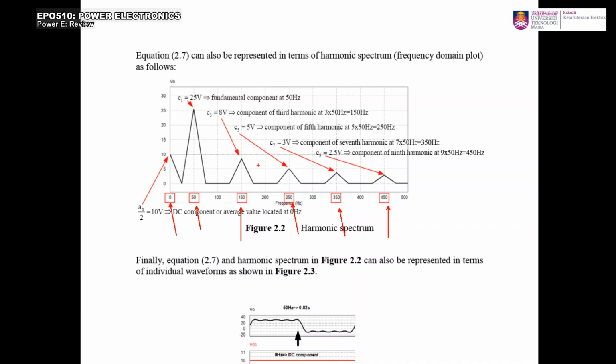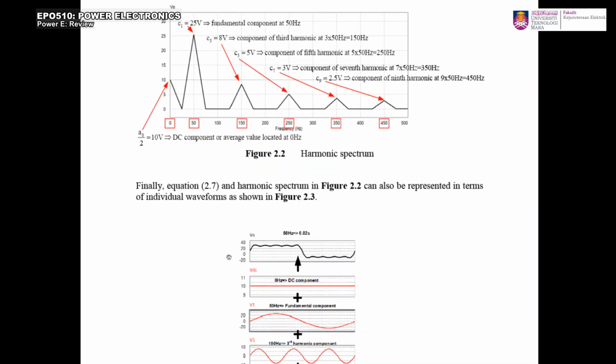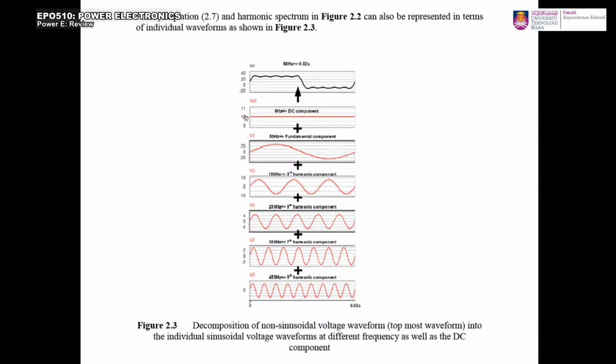Okay? So this is a harmonic spectrum, and that equation also can be represented by individual waveforms as this. So we have the DC component at 10 volt, right? And then the first 50 hertz component, which is at 25 volt amplitude.